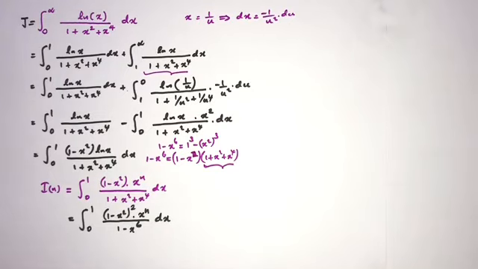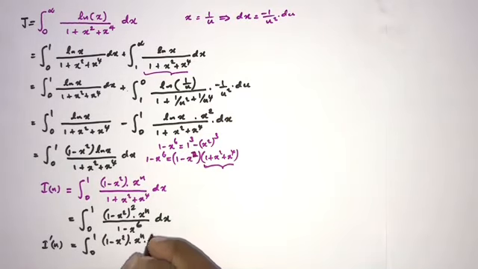Now if we differentiate, we know I prime of n is equal to integral from 0 to 1 of 1 minus x square times x to the n times natural log of x over 1 minus x to the 6th power dx.